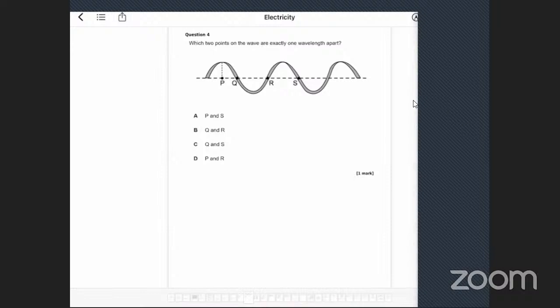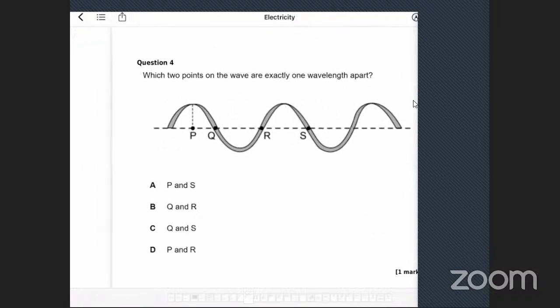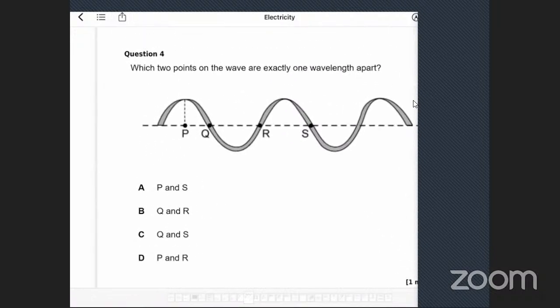Okay, what are our answers for this question? What is the answer? I think C. C, huh? Okay, so if you said C, that is the correct answer.